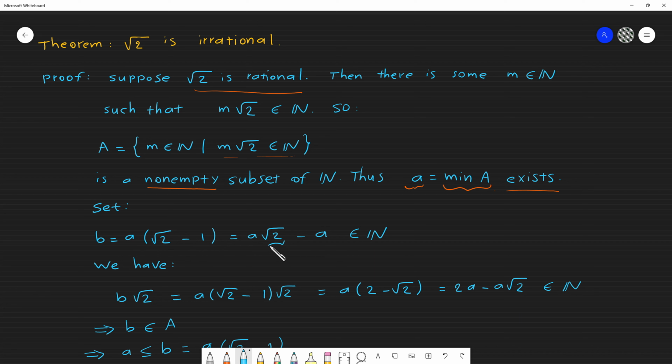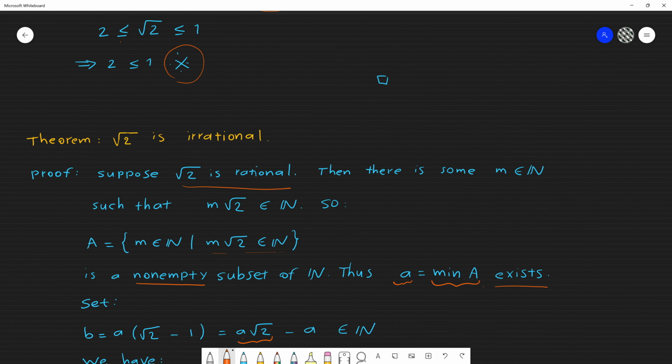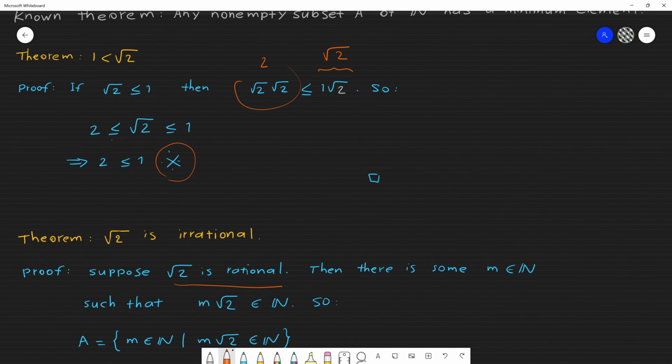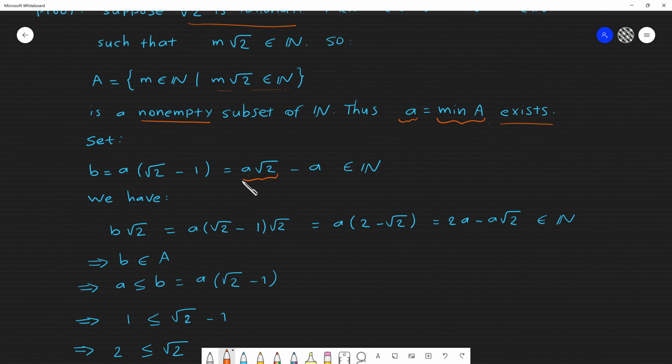But we know that a times square root of 2 is a natural number, an integer, because a is in A. Also, a is a natural number because a is in A, and so it is in N. And we know that square root of 2 is greater than 1, so a times square root of 2 is greater than a.